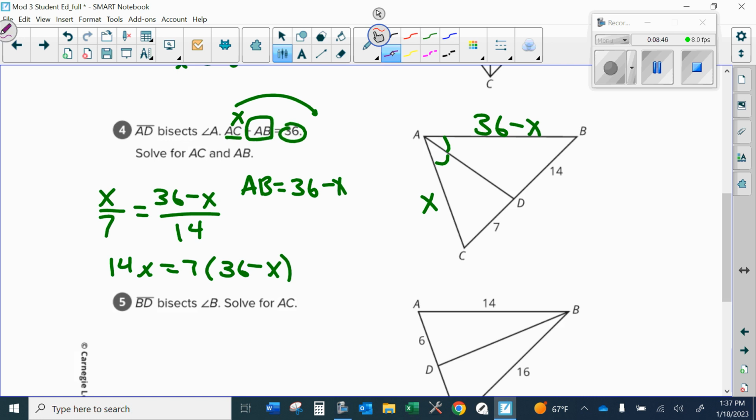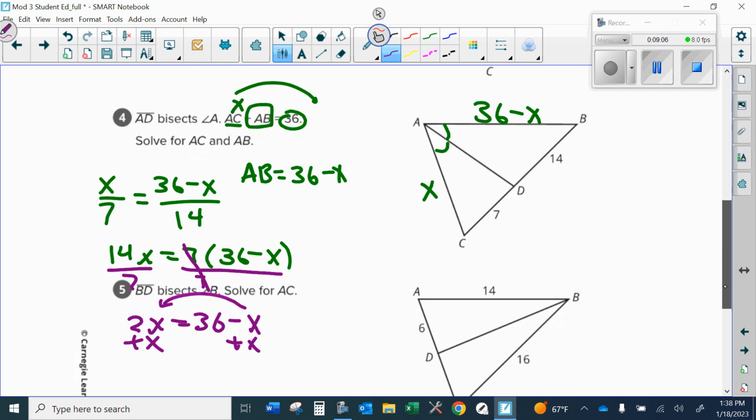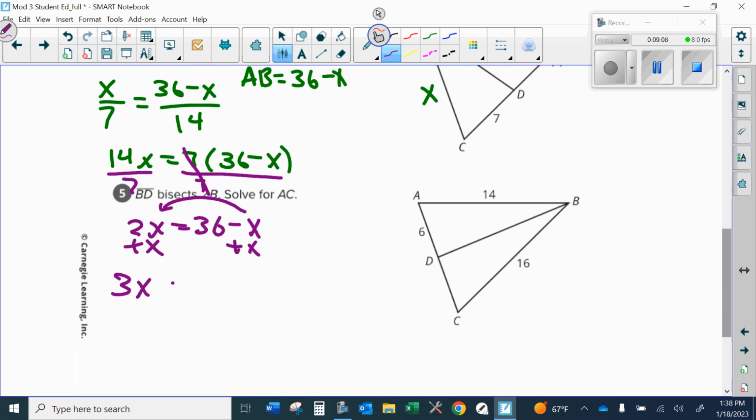You can distribute and have more steps and bigger numbers to work out. But what's simpler is to divide each side by 7. And the reason I'm doing that is because 14 divides by 7 evenly. If it didn't, I would distribute. So now I get 2x equals 36 minus x. Obviously need to add the x across. And I get 3x equals 36. Divided by 3, 36 divided by 3 is 12. So x equals 12.